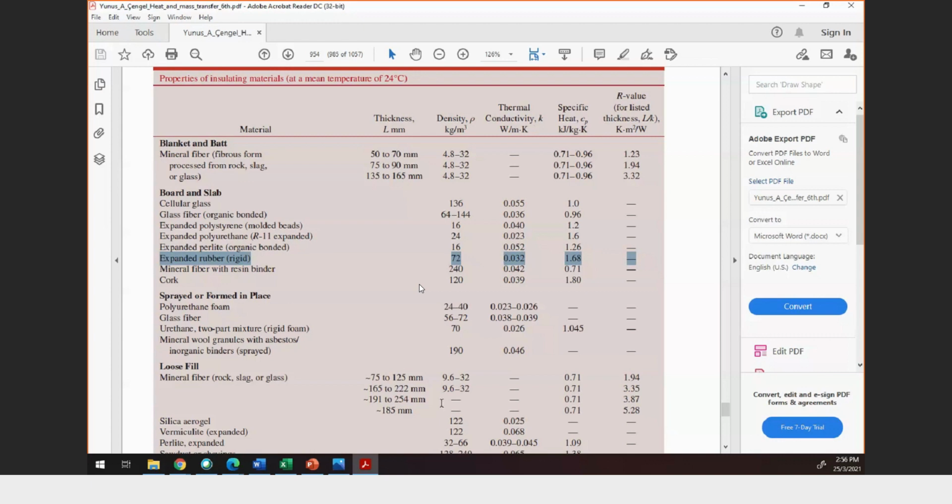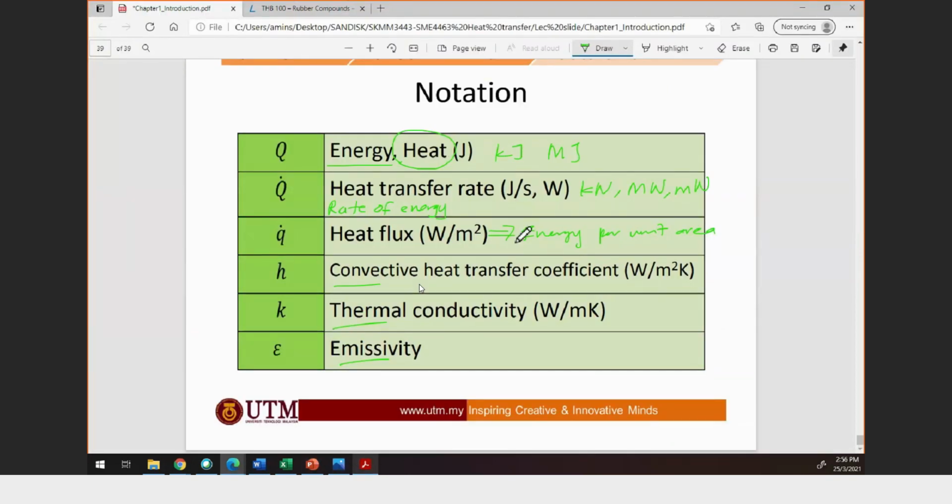If you try to apply it to the equation Q equals K delta T over delta X, and the K is closer to 0.032, you can see that this value will be a bit smaller than 1 watt.